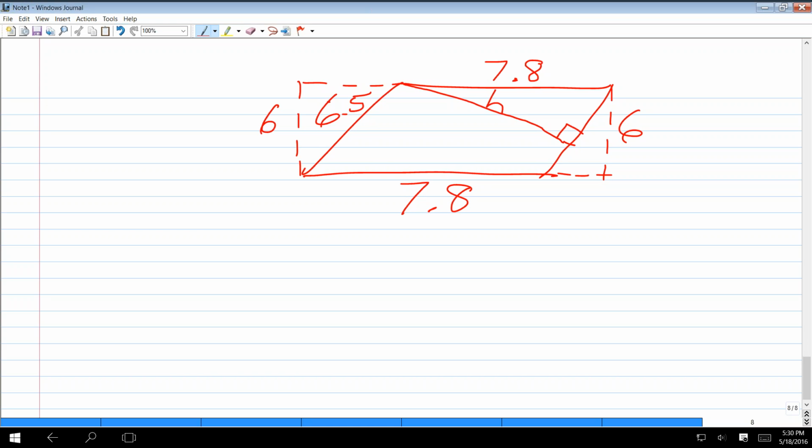We know it's a parallelogram. Yeah, but you don't know how to do it. Well, I don't know how to do it right off the bat. It's a problem I'm going to have to think about for a while. It probably has to do with angles.